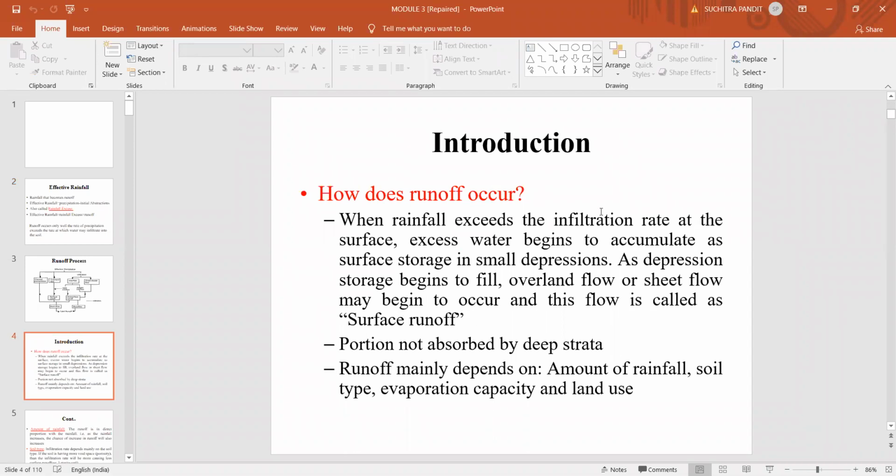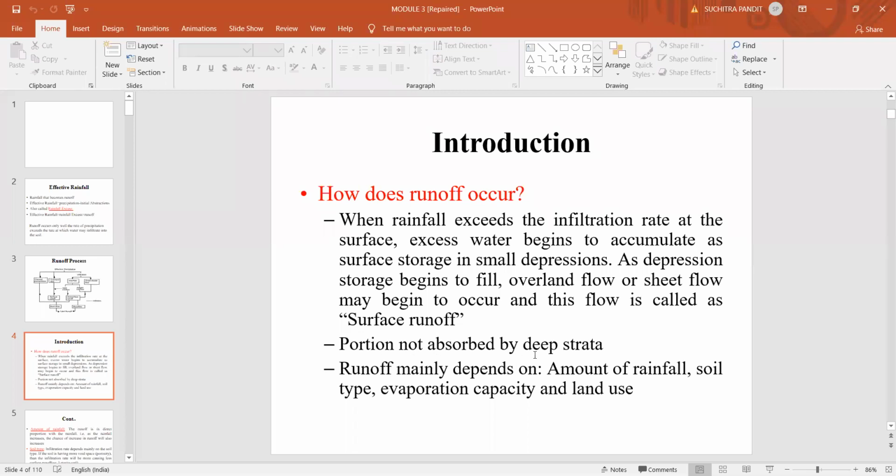The major loss is the infiltration loss, and initially there will be interception loss. The remaining water flows over the land surface, and the small depressions on the land surface are filled with water. The remaining water, after filling all these depressions, flows over the land as a thin sheet of water, which is called surface runoff.